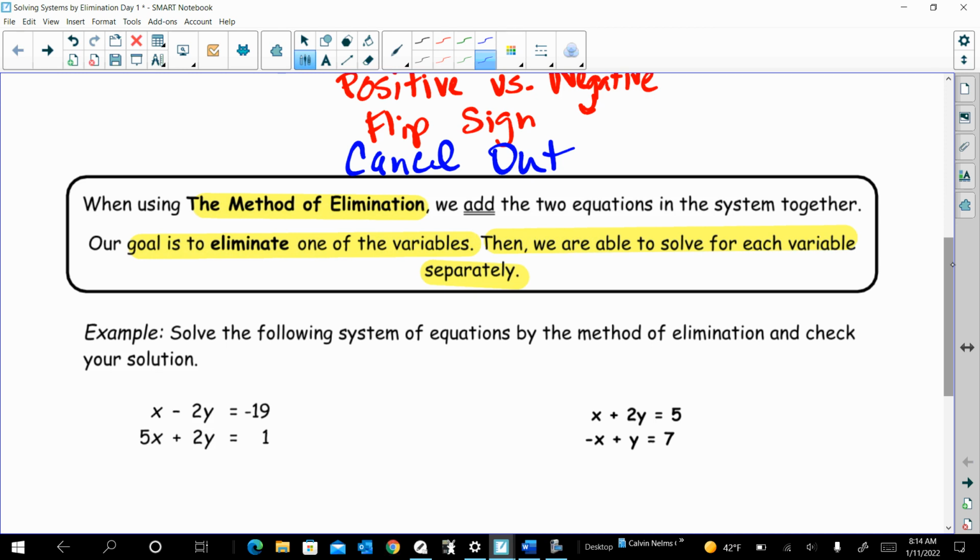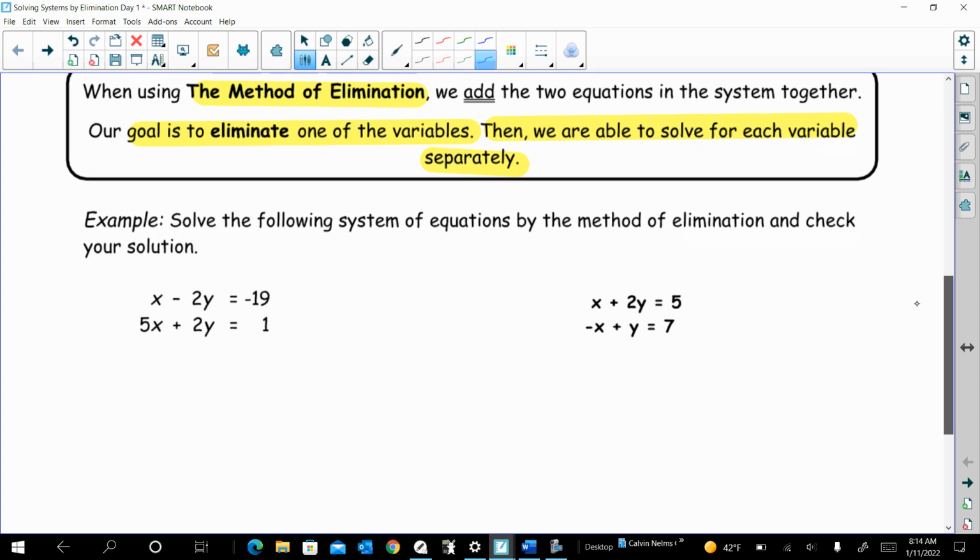To use elimination, there are a couple of things I'm going to do to help you make sure you're using it correctly. The first thing is your variables have to be lined up. For example, if you look at the first term here, my x's are stacked underneath each other.